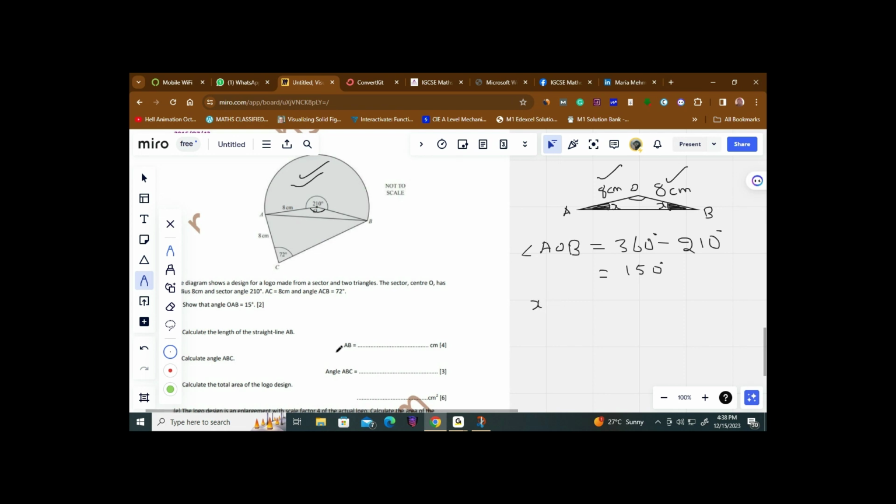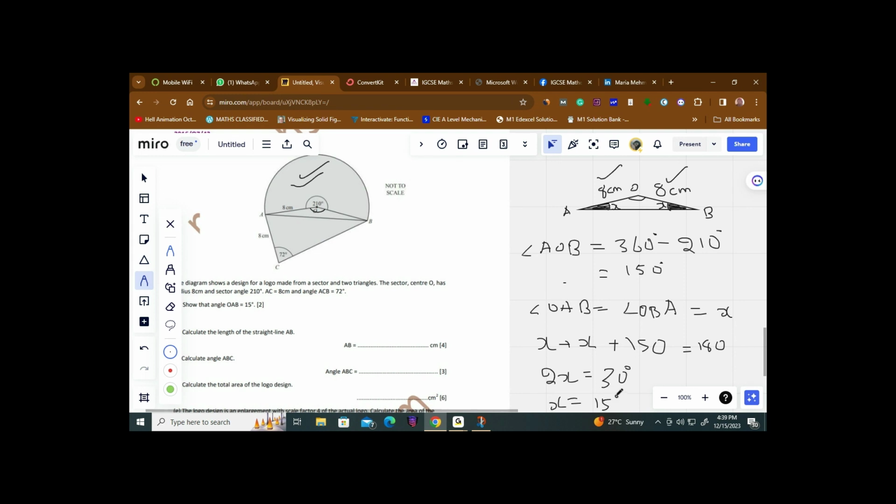Let x be angle OAB, which is equal to angle OBA, and I represent them by the small letter x. So the sum of the three interior angles equals 180. Now you can easily simplify that. So 2x equals 30 degrees, so x equals 15.